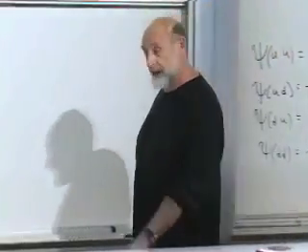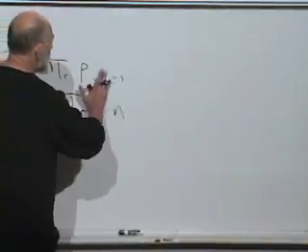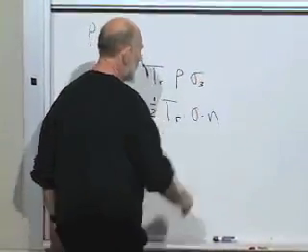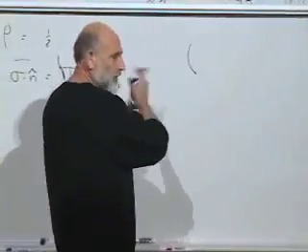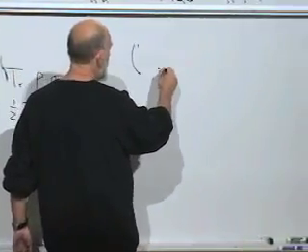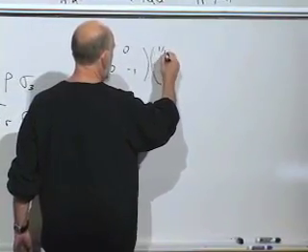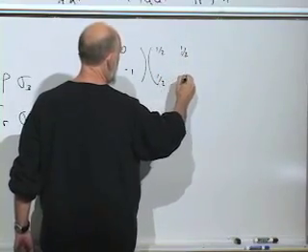Let's calculate the expectation value of sigma z. Let's start with sigma 3. For that we take the trace of rho times sigma 3. It doesn't matter which order. Sigma 3 is 1, minus 1, 0, 0, and rho is 1/2, 1/2, 1/2, 1/2.